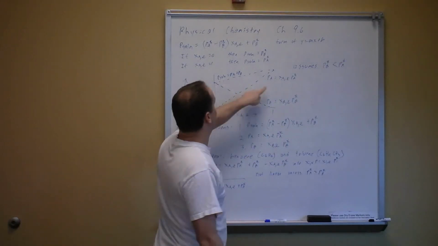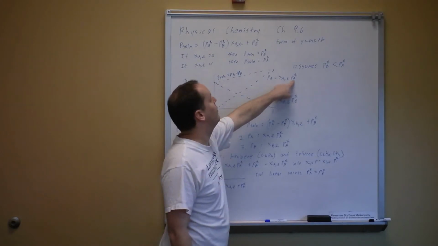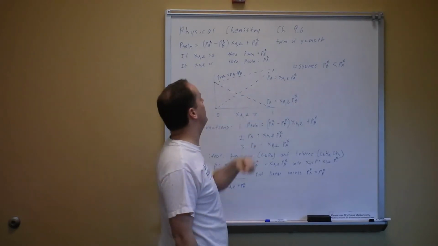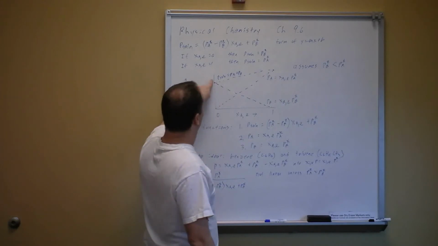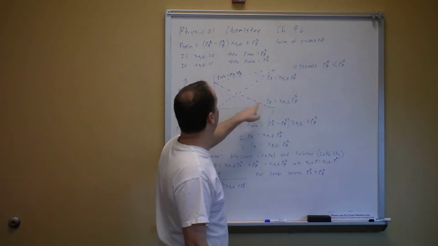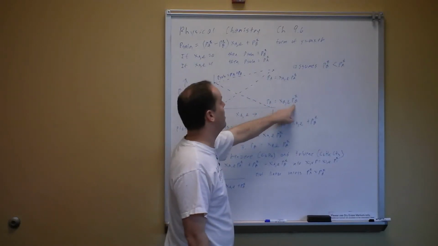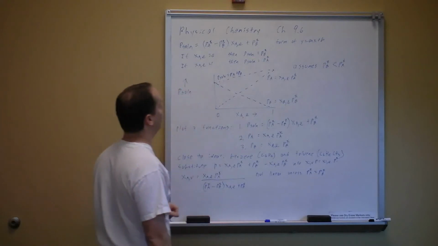So this line here is the partial pressure of A, which is equal to the mole fraction of A in the liquid phase times PA star. Likewise here, we're starting out with the partial pressure of B unmixed and going down to 0. This line is the partial pressure of B, which is equal to the mole fraction of B in the liquid phase times the partial pressure of B unmixed.